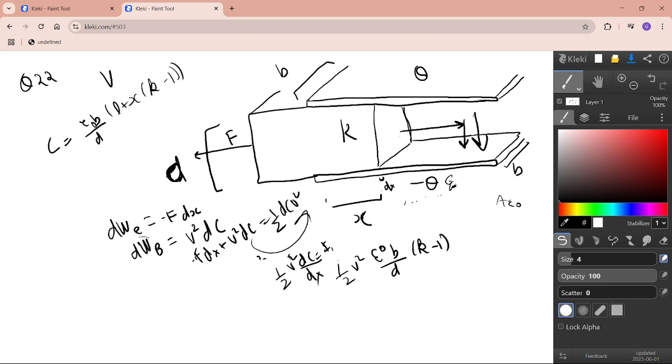And that's it. Epsilon naught b v square k minus 1 by 2d. It's the answer. It's the external force, so that it does not change its kinetic energy. Epsilon naught b v square (k minus 1) by 2d.